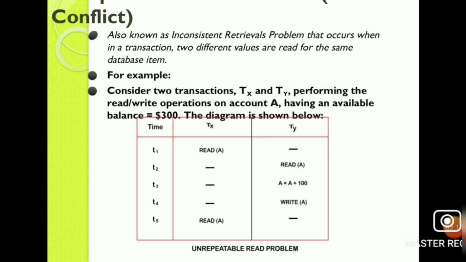And A will be incremented by 100 by Ty, and the updated value will be written by Ty. And after that, at time T5, again the transaction Tx reads A. Now the data has been updated. So that is called the unrepeatable read problem. Tx does no work on A, at time T1 it reads A, at time T5 it reads A, but there is a change in A. That is called unrepeatable.